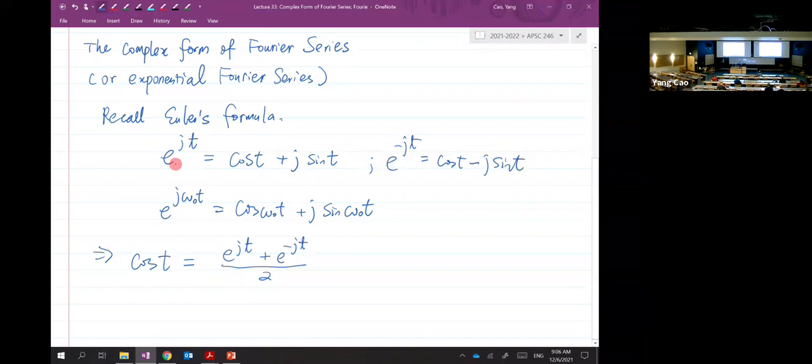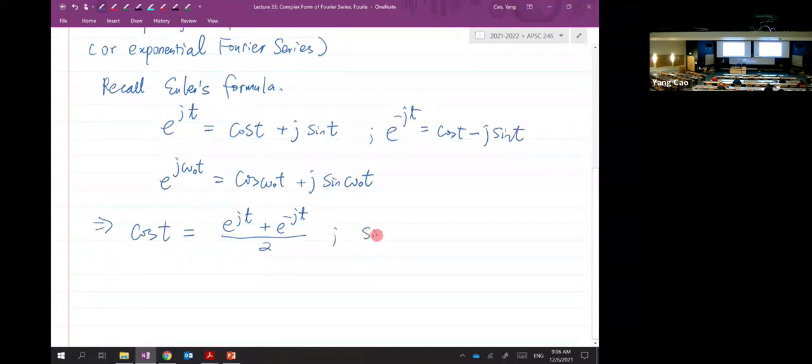So you add these two terms together and divide by 2, and you get cosine t. Similarly, sine t equals e to the power jt minus e to the power negative jt, divided by 2j. If you use this term minus this term and divide by 2j, you get sine t.